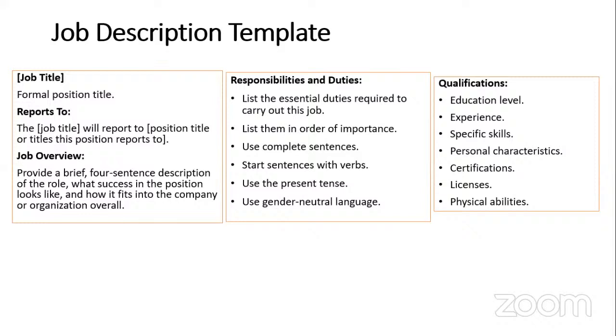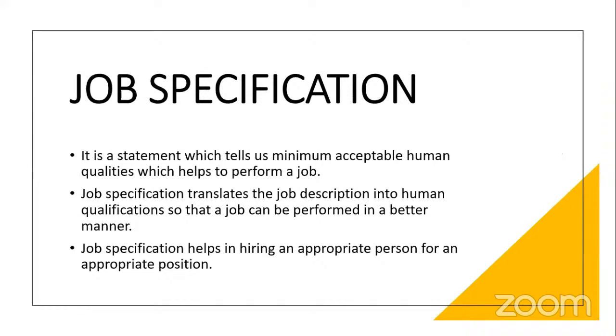Use complete sentences. Start sentences with verbs. Use the present tense. Use gender neutral language. Qualification: education level, experience, specific skills, personal characteristics, certifications, license, and physical ability or fitness.